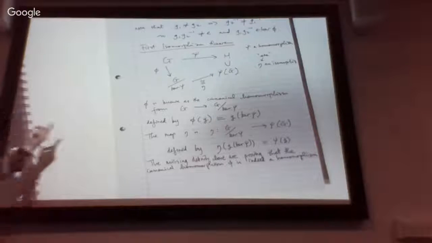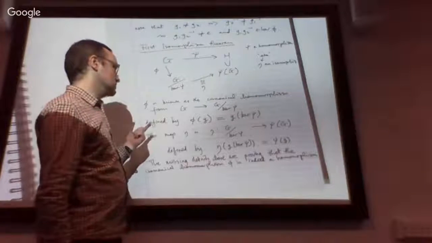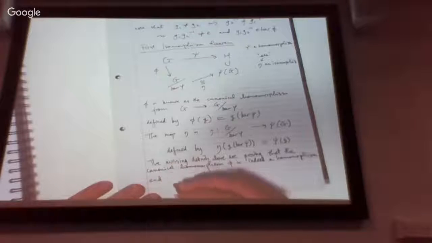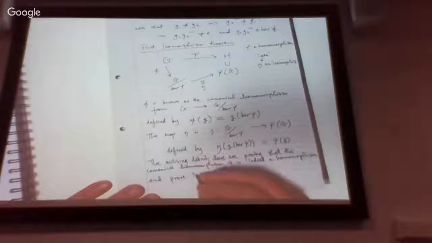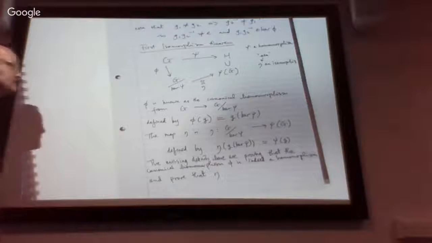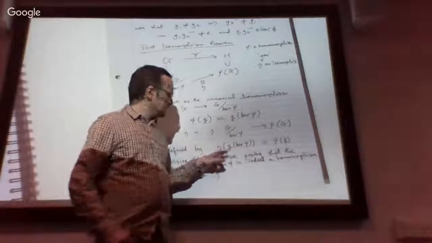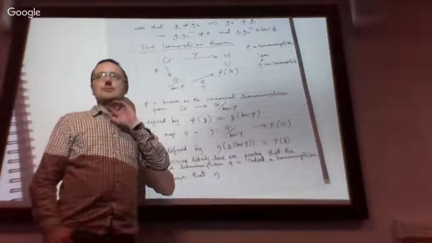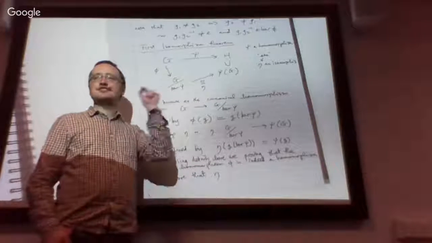And technically you also need to prove that it's a homomorphism, and there's a couple of things about eta we have to prove. We have to prove it's an isomorphism for sure, but even before that, we have this well-defined issue.